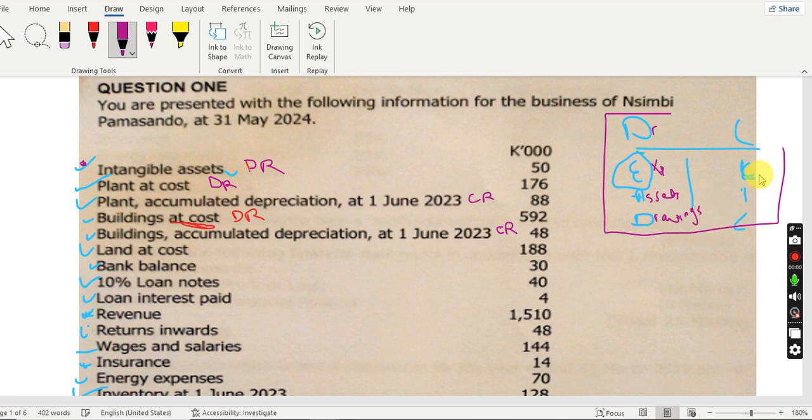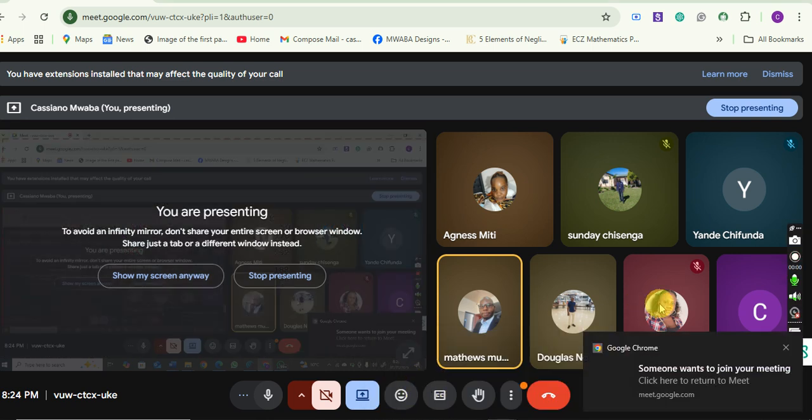Then on the credit side, liabilities, income, and capital. So each time that you're doing a trial balance question, you have this guideline.